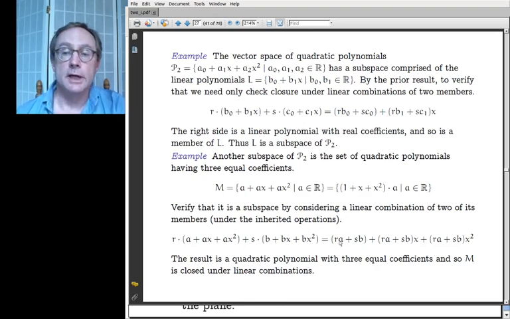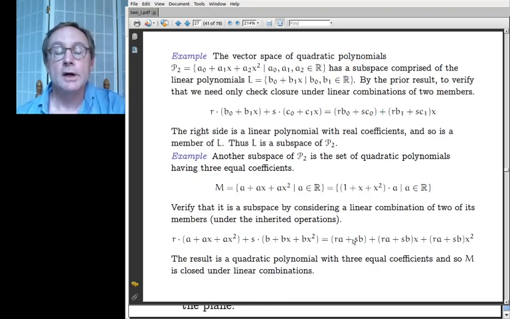You get rA plus sB for the constant term, rA plus sB for the coefficient of x, and rA plus sB for the coefficient of x squared. That's 3 equal coefficients, 3 equal numbers. And that's exactly the criterion to be a member of the set: to have the same constant term, coefficient of x and coefficient of x squared. So it's closed under linear combinations, and by the prior lemma, it's a subspace.